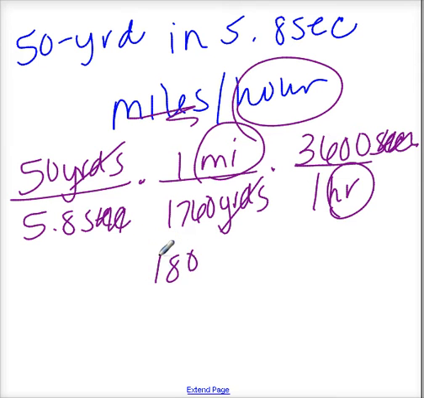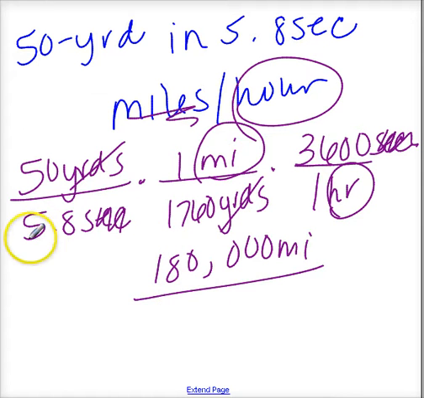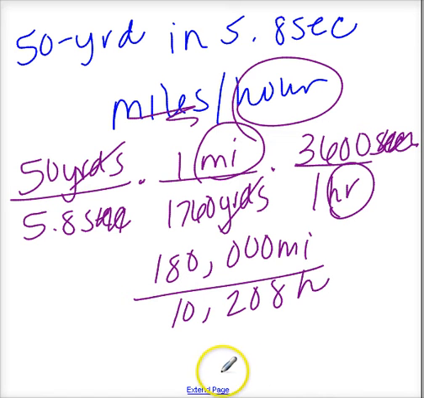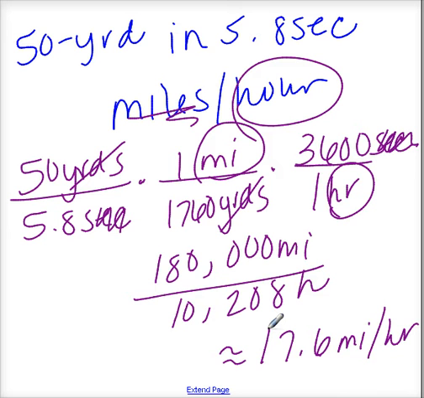I get 180,000 miles over 5.8 times 1,760 is 10,208 hours. This simplifies to about 17.6 miles per hour. So dimensional analysis involves using more than one conversion factor.